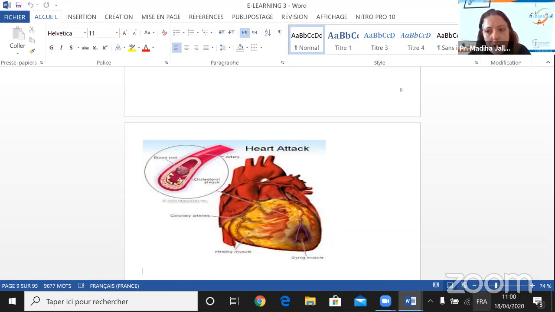So there is no continuous blood supply to the heart. This will affect, of course, the heart muscle, so there is no oxygenation to the heart muscle, and the heart muscle will die. This is a heart attack. Heart attack is not a technical term. What is the technical term for heart attack?